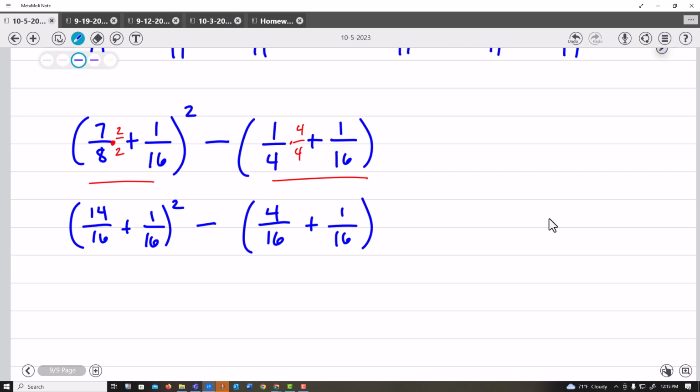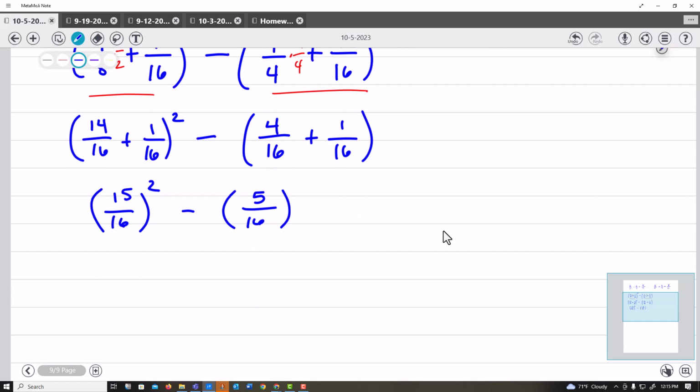Once again, you do what's in parentheses first, so 14 plus 1 is 15 over 16, squared, and then I'm going to add here 5 over 16. So I need to square 15 over 16, and I'll leave that up to you: 15 times 15.